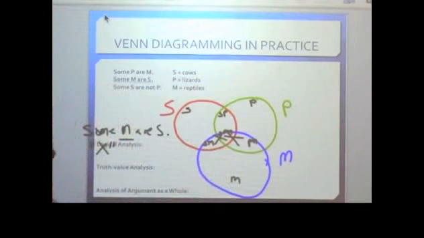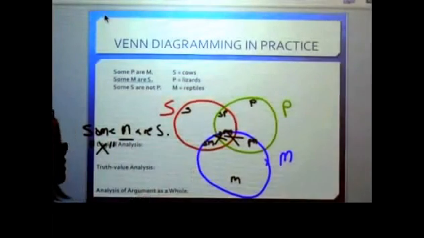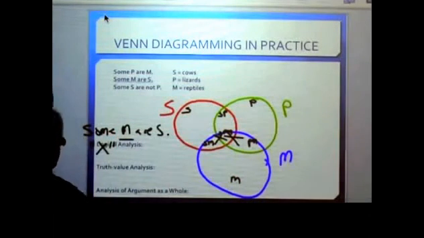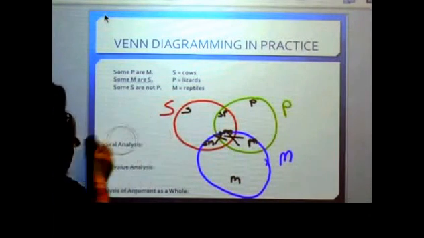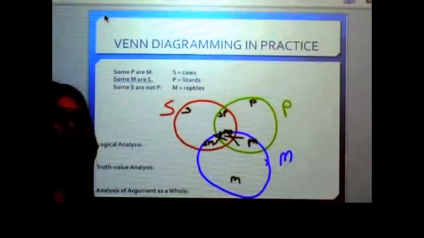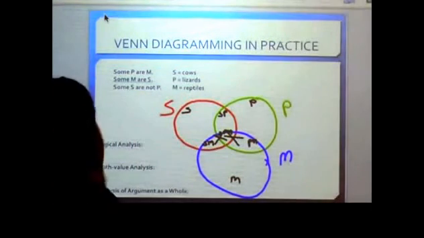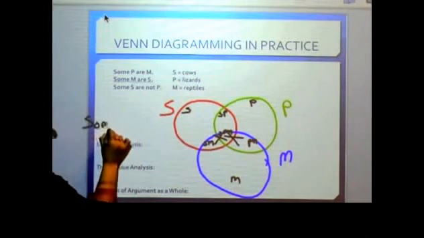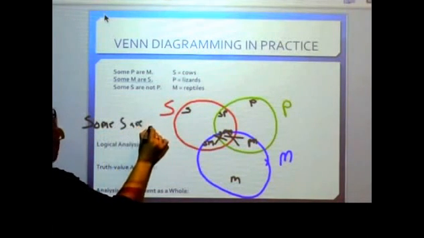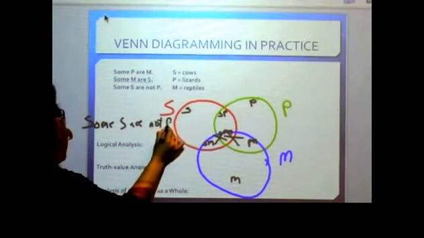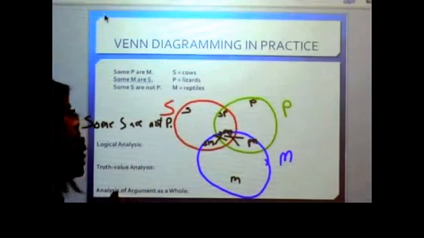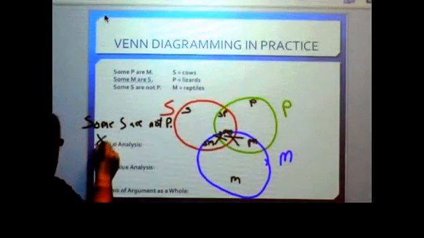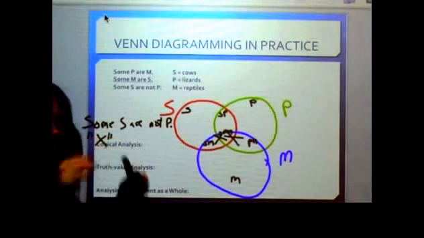Okay, so that's what happens when we diagram the minor premise. Now we want to know whether or not the argument is valid or invalid. The conclusion is Some S are not P. So what we want to look for is an X inside.